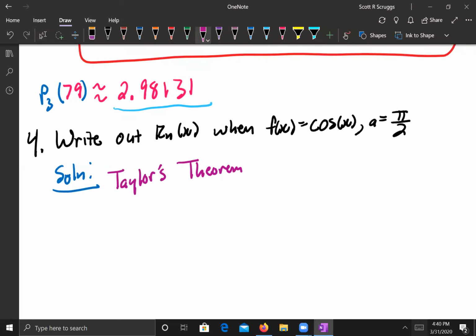Essentially, the main portion of Taylor's theorem gives me an actual expression for what the remainder should be.